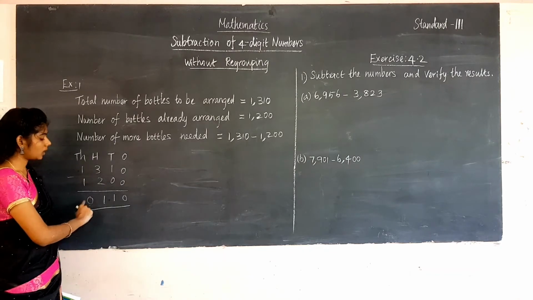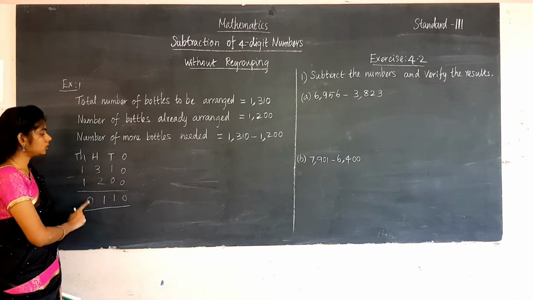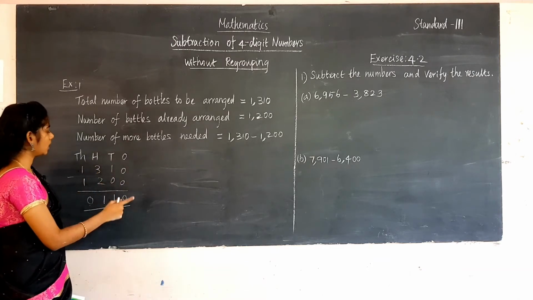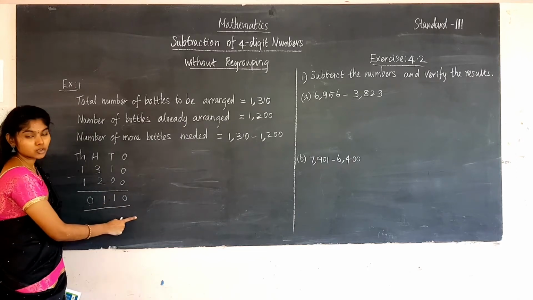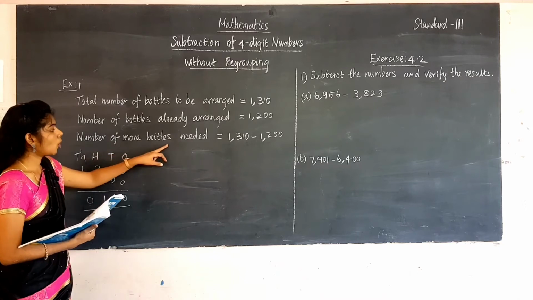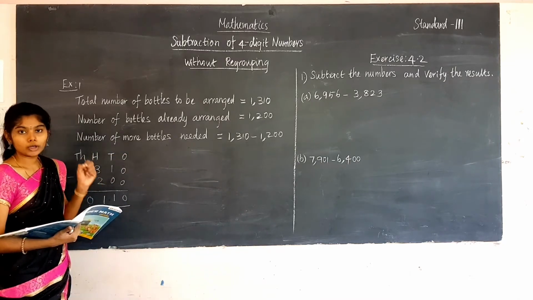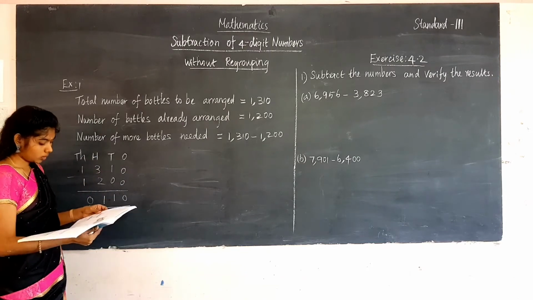We should start from the number 1 or some other number, not from 0. So the answer will be 110. You will write the answer as 110, the number of more bottles needed.